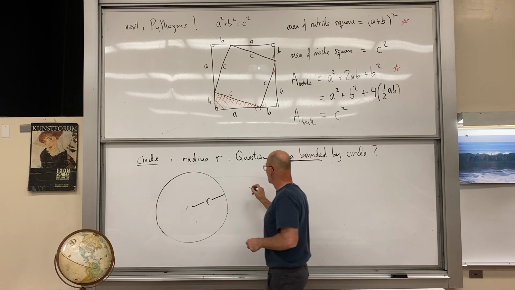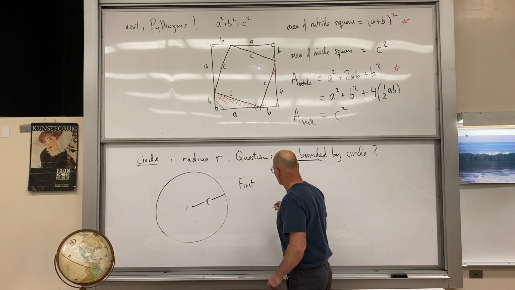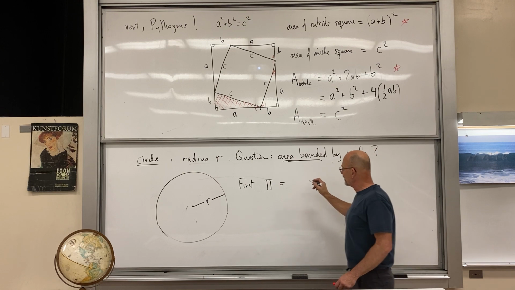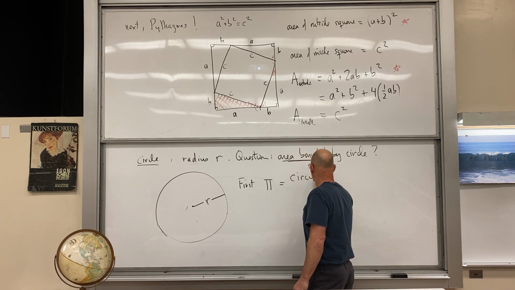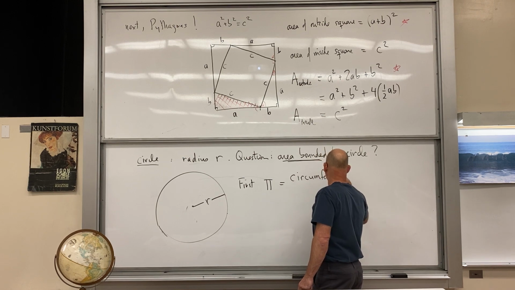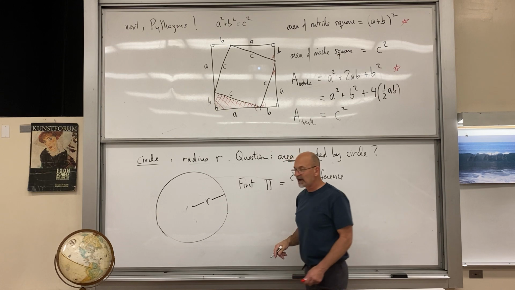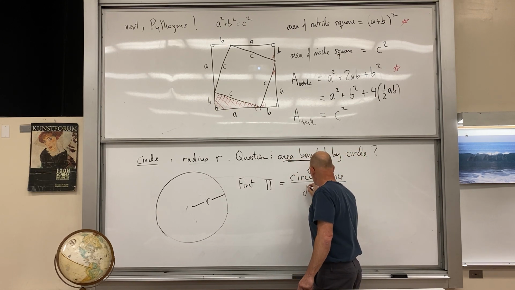So first, pi is equal to the circumference, say if you were to lay a string on this circumference here and measure its length, divided by the diameter.